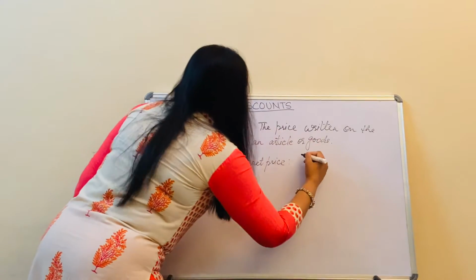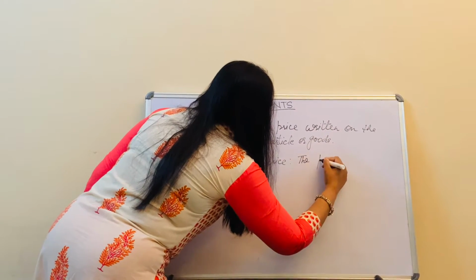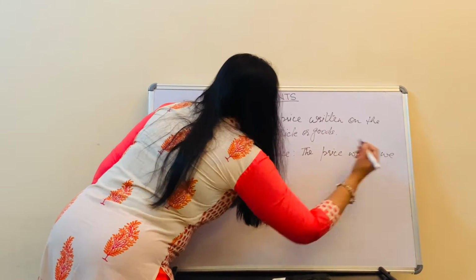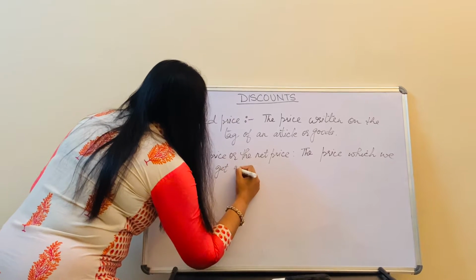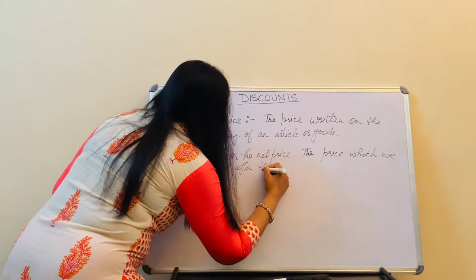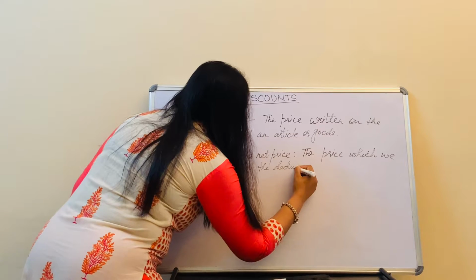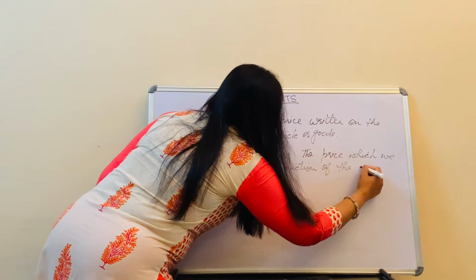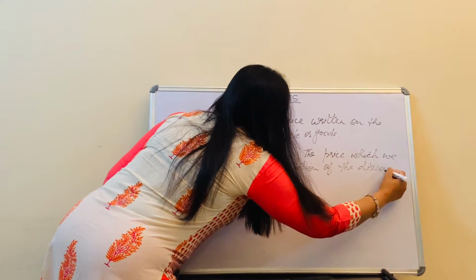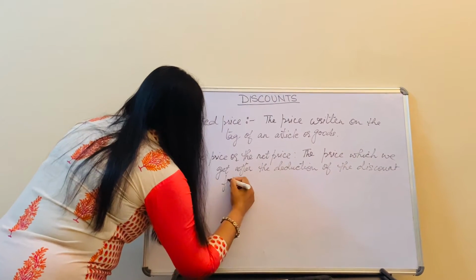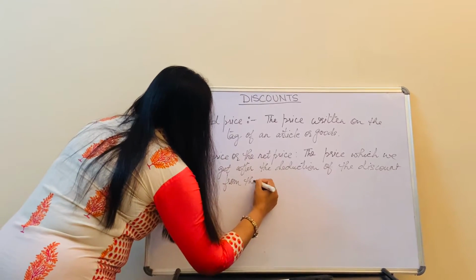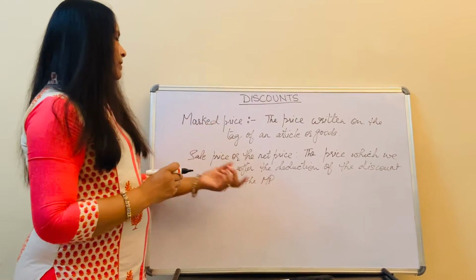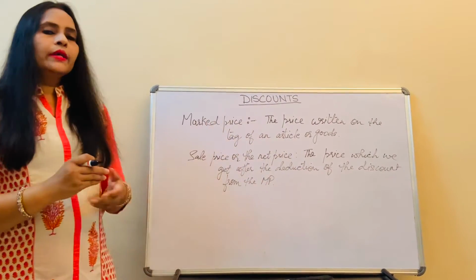Sale price is the price which we get after the deduction of the discount from the marked price, that is MP. I am writing marked price as MP. So these are two important terms.